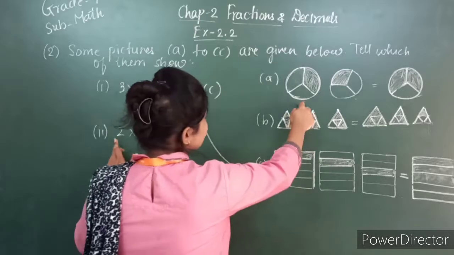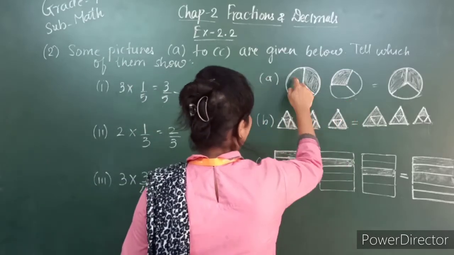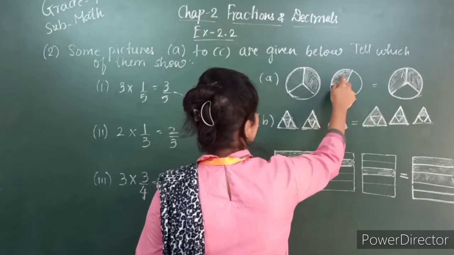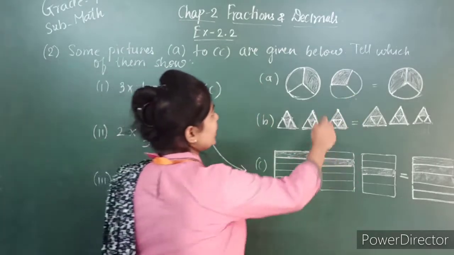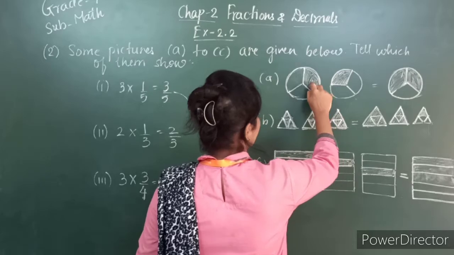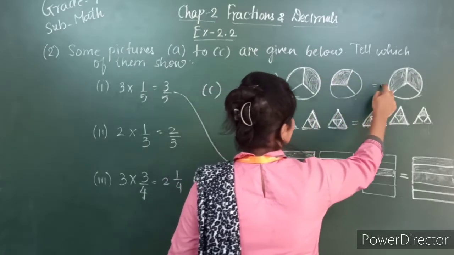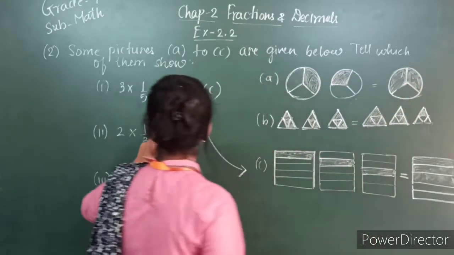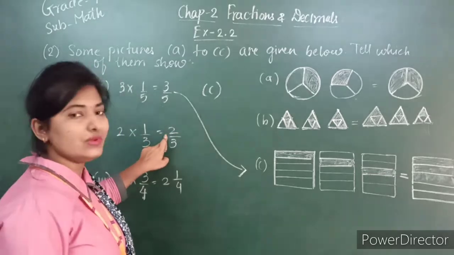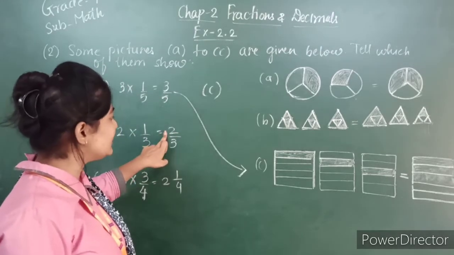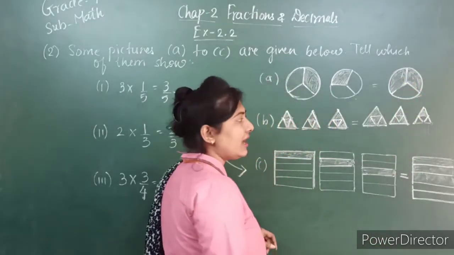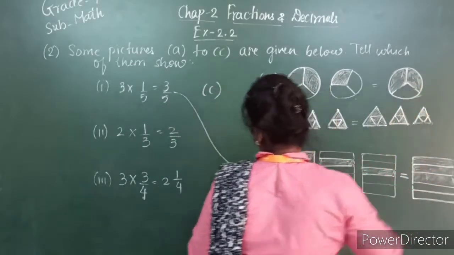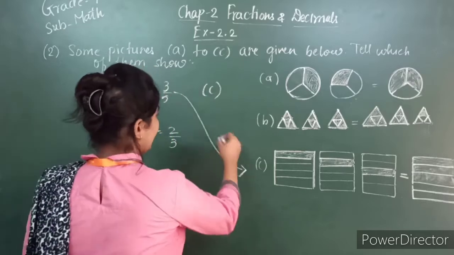Total 2 pictures are given and in that 3 portions are there. And this one shows the shaded portion. So here total 1 and 2. So total 2 portions are shaded out of 3 portions. So our answer is A.